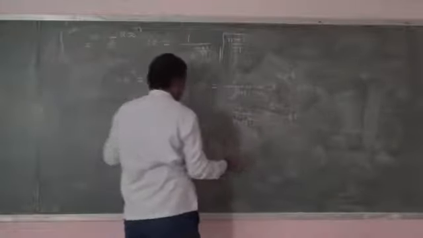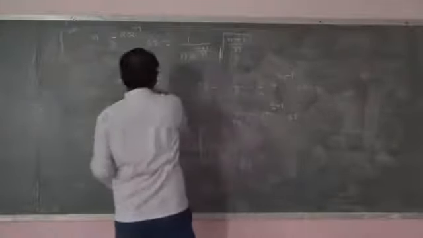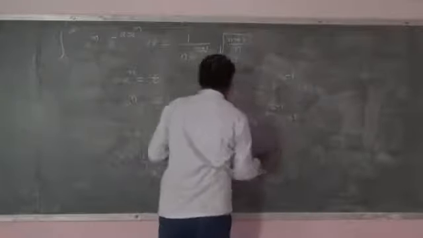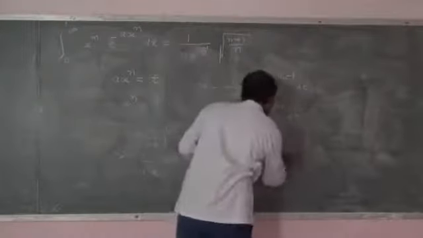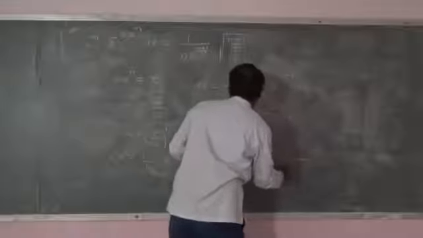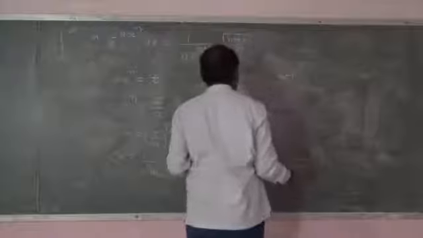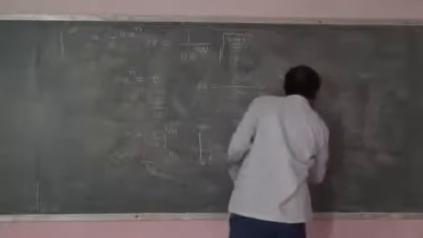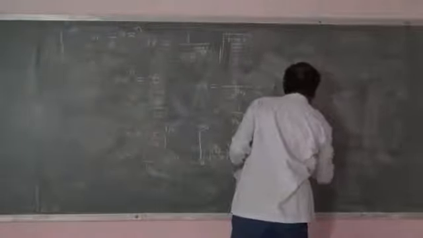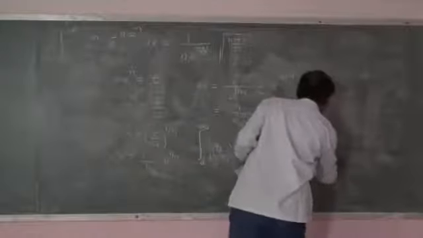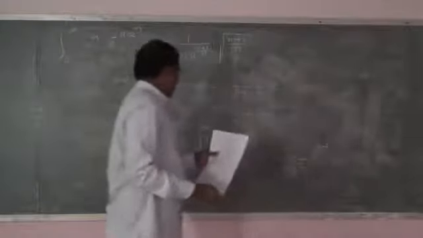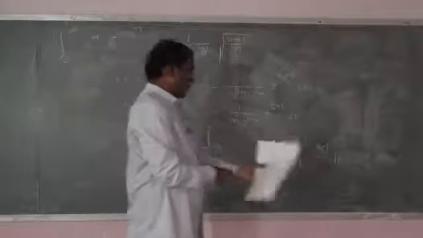And e to the power minus this entire thing, which is t. And dx is equal to 1 by n a to the power 1 by n, t to the power 1 by n minus 1 dt.